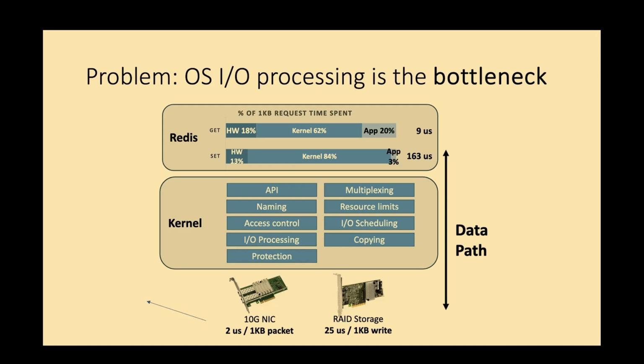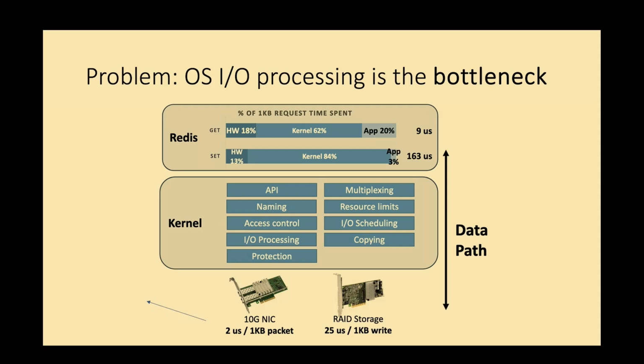Then we try to understand how much time is taken to process each of these Redis requests, and attribute it to the hardware, the operating system kernel, and the application level. There are two types of requests.